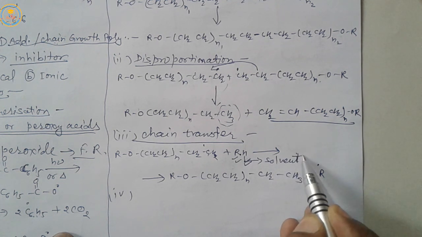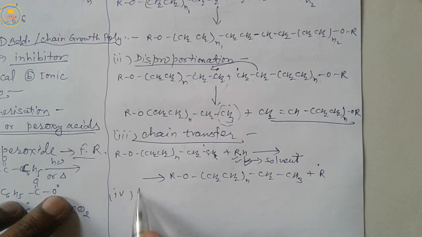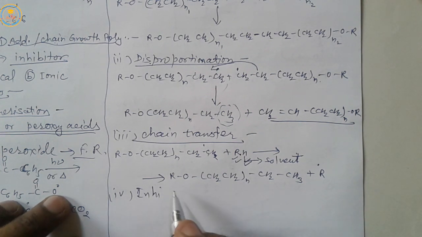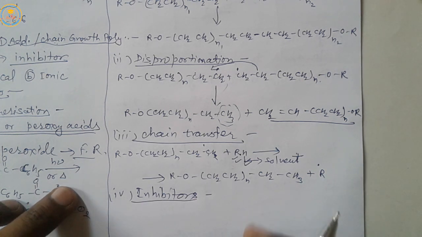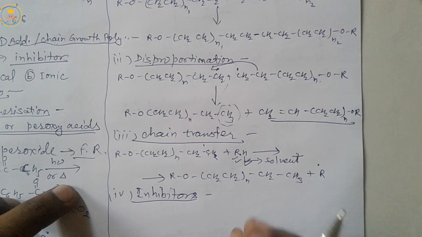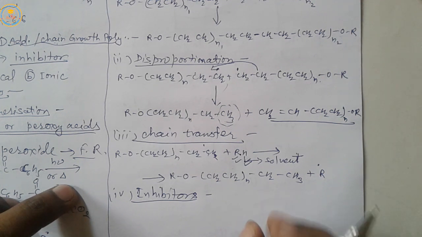Very, very important. Now next, the inhibitors. Inhibitors are chemical substances which attach to active free radicals. Hydroquinone, nitrobenzene, dinitrobenzene, etc. are commonly used as inhibitors. Very, very important for your competition.